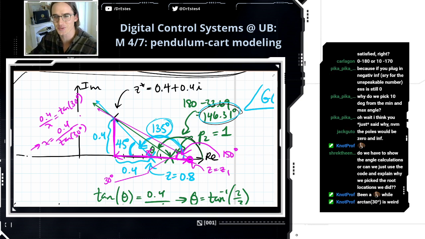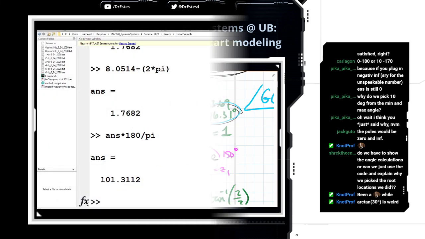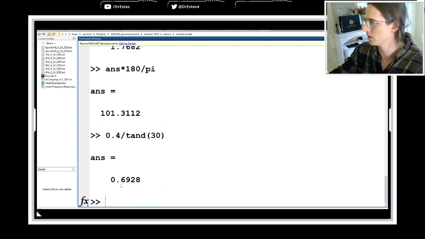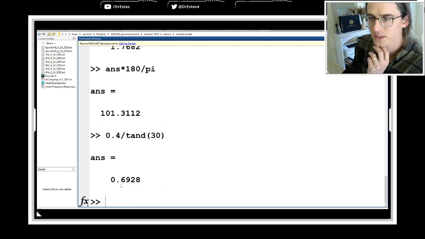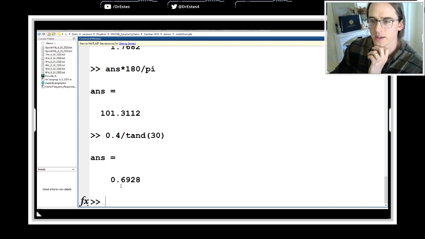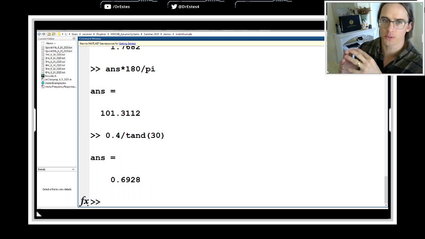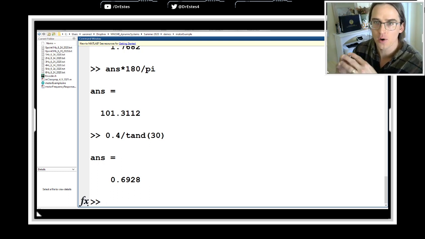Okay, what's 0.4 over tan 30? Should we show hand calculations in general is a good question, like for the selection of z star and the angle calculation. You don't have to do this geometric way that I'm doing right now.